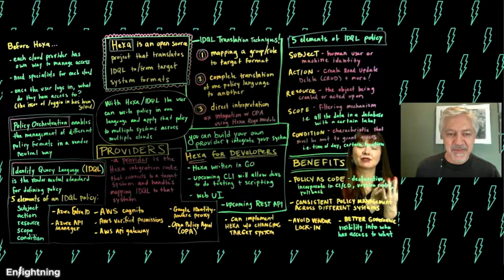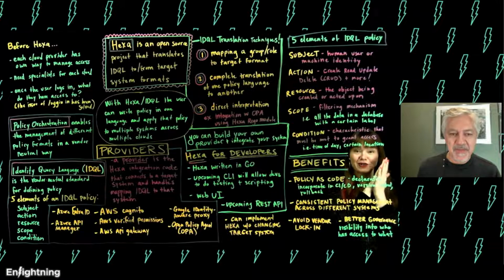More specifically, about the Identity Query Language policy, we have five elements to the policy. You need a subject, which is the human or the process that has an identity. Then we have an action: what are they allowed to do? There's definitely CRUD, create, read, update, delete, but there are other actions too. Then the resource, what resource is being acted upon, and the scope.